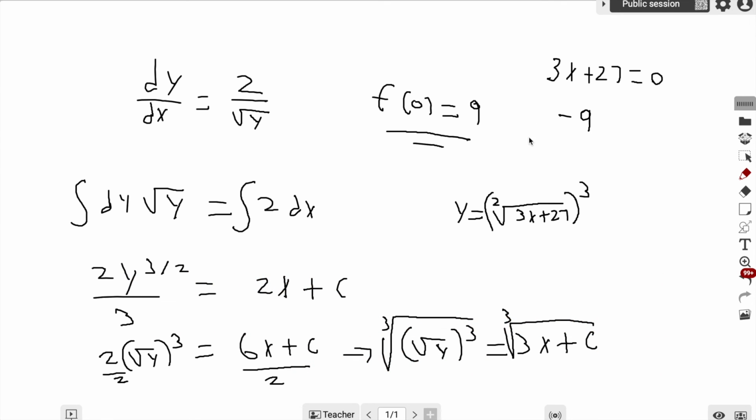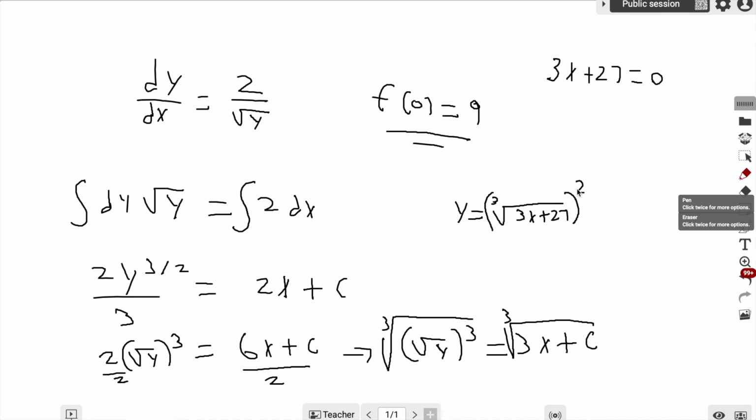So in this case, our domain would be x is greater than or equal to negative 9, if this was the scenario here. And that makes sense, because if it was even less than negative 9, this would be more negative, but we cannot have the square root of a negative value.